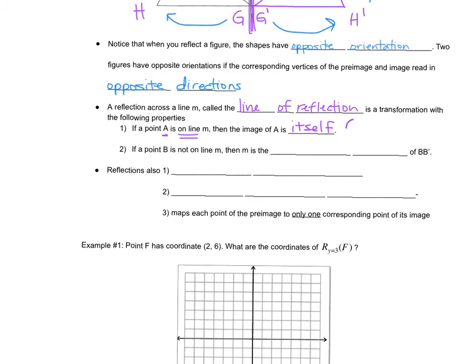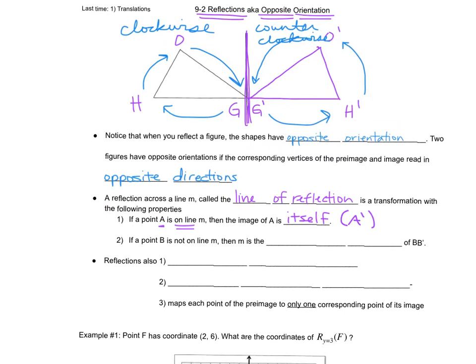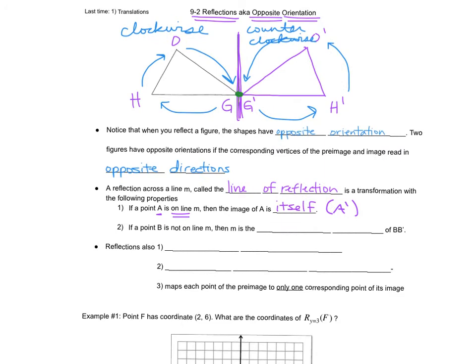But if you look up here at our picture, G and G prime, because the point is on the line of reflection, it's exactly the same point. So if the point is on the line of reflection, it will be the exact same point for both of your figures.